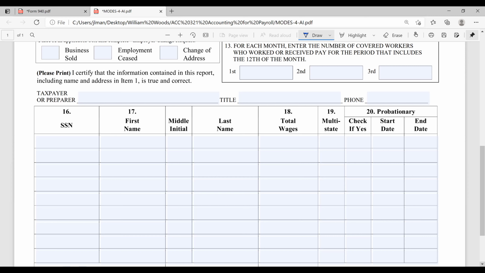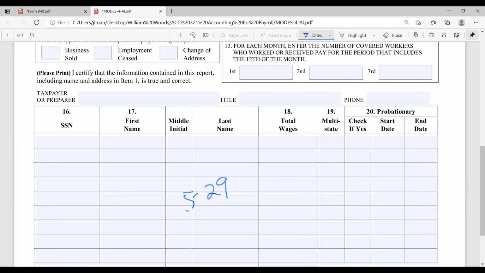It shows us something like this in your book on page 5-29, right? It shows us something like this.